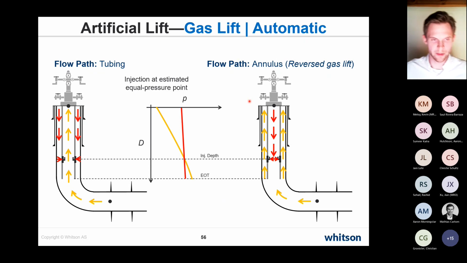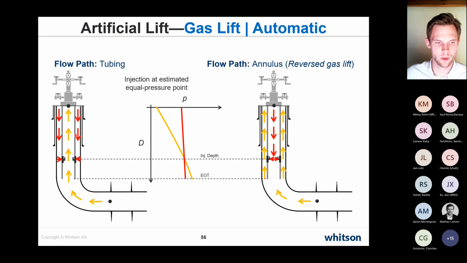Automatic is when we compute. So in the well stream, the orange line, we compute the well stream plus lift gas from the wellhead down to the end of the tubing. In the annulus space on this side or the tubing on this side, we compute from the wellhead down to the end of the tubing just through pure dry gas. And then we try to find where these two lines intersect.